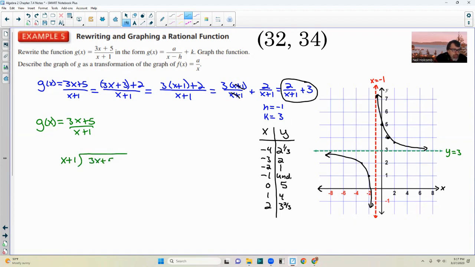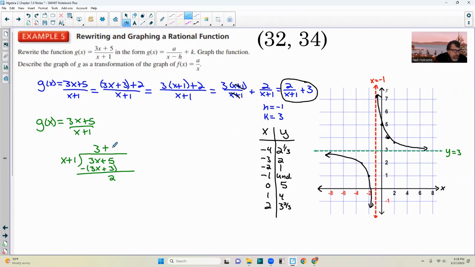We've done long division before in earlier chapters this year, so this is nothing new. So we're just asking ourselves, x times what is 3x? Well, it's 3. So 3 times x is 3x. 3 times 1 is 3. And we subtract this. And we get 3x minus 3x is 0. 5 minus 3 is 2. Well, I can't put an x in 2, so this is my remainder.